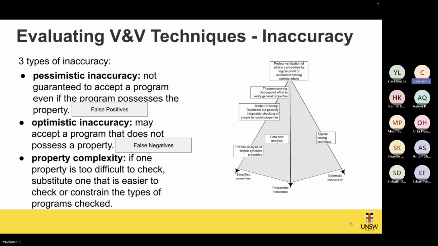What do you think is the inaccuracy of testing according to the definition? Actually, I forgot to hide some information on this slide. You can find the answer from the slide, but can you try to answer by just looking at the definitions?